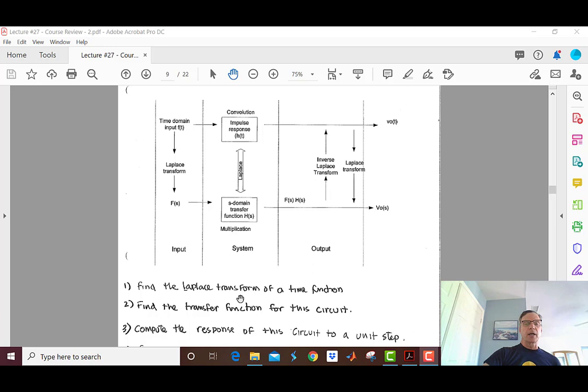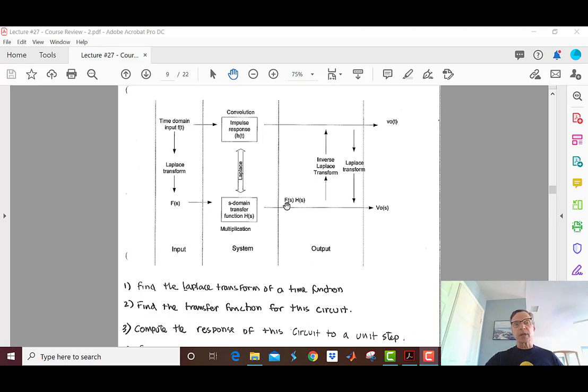So another kind of problem is compute the response of a circuit to a unit step. So let's go this way. Our time domain input is a unit step. Let's take the Laplace transform of the unit step, which puts us into the frequency domain. And then we're going to multiply it by the S-domain transfer function.